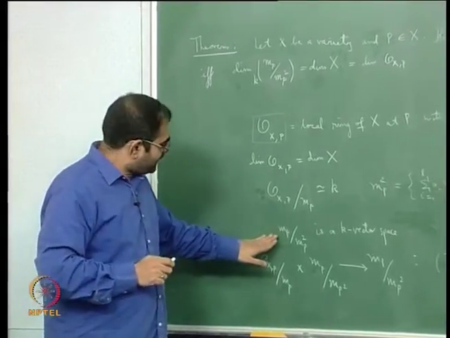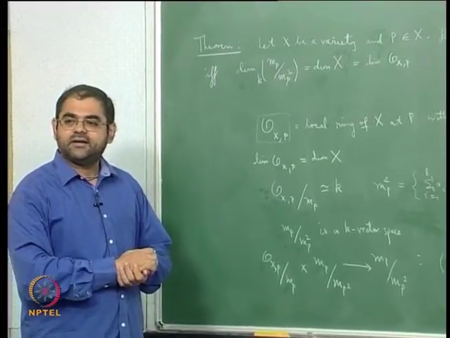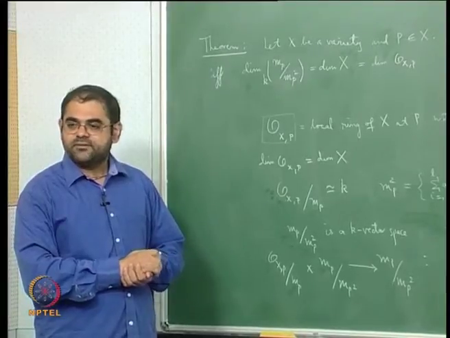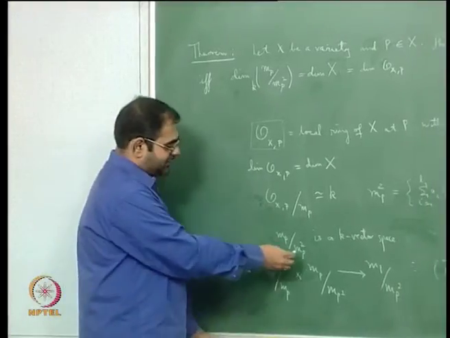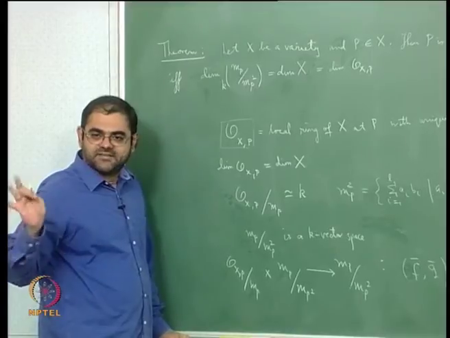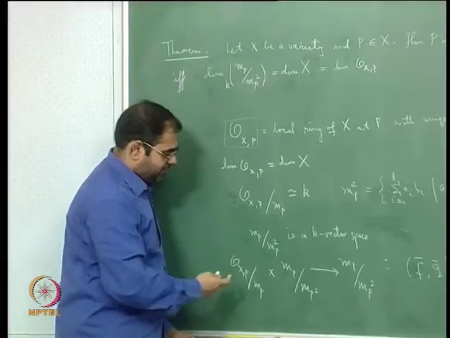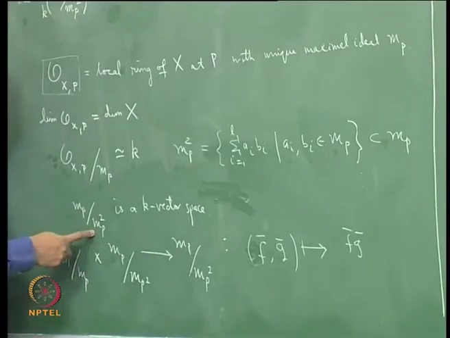So in a sense this corresponds to reading only the linear term, and the first order term always is the derivative. So going M mod M squared is reading off the derivative in a certain sense, and therefore this is how M mod M squared becomes a K vector space.